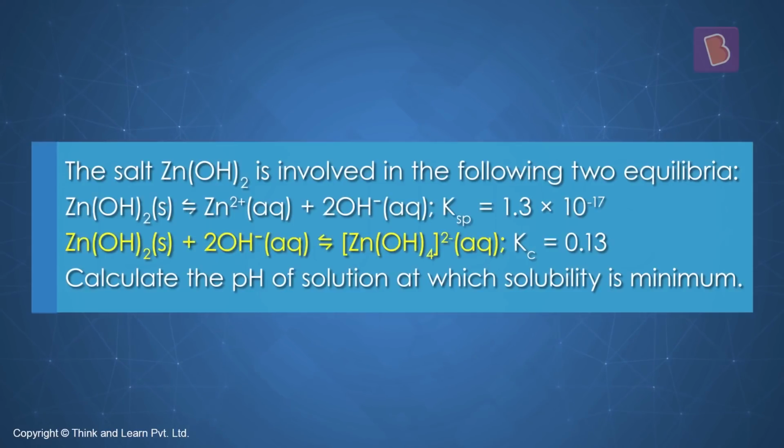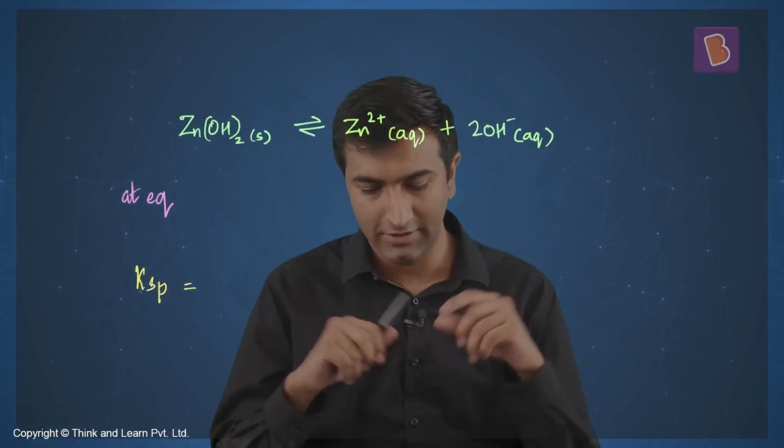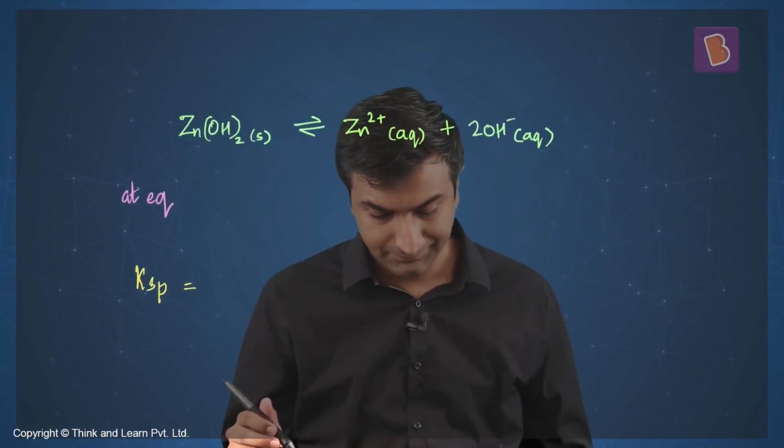Well, the second one, the OH- ions formed here react with more Zn2+ and you get a complex. Yeah? So equilibrium is set up over here. You get the value of equilibrium constant Kc. That's given to us. What we need to do is find out the pH of this solution when the solubility is minimum. Interesting question. Let's get started.